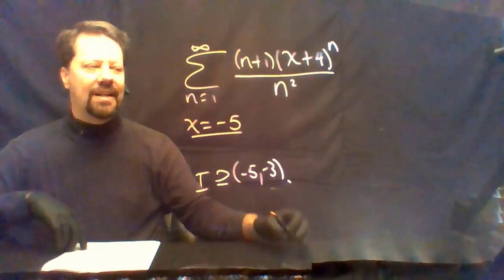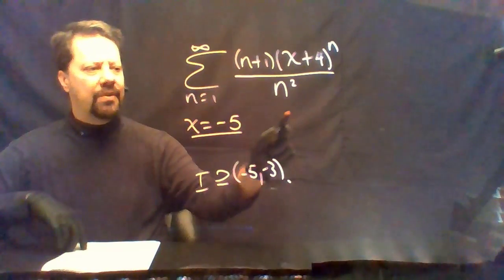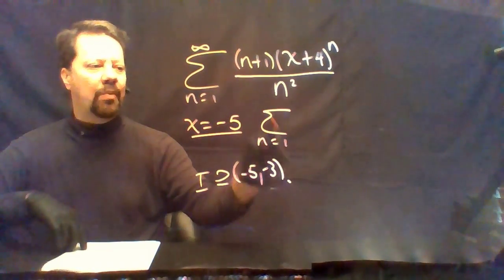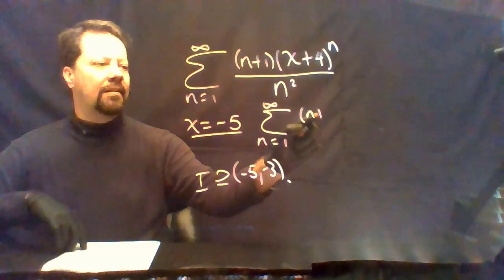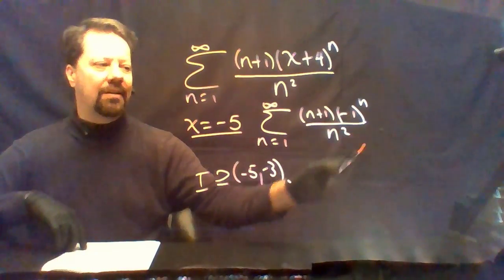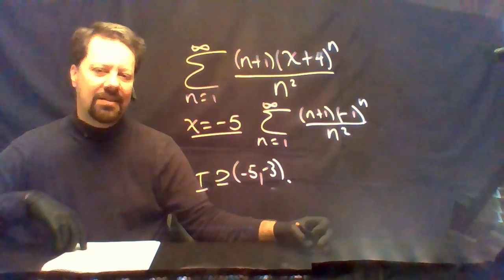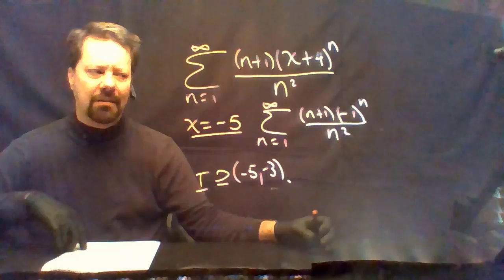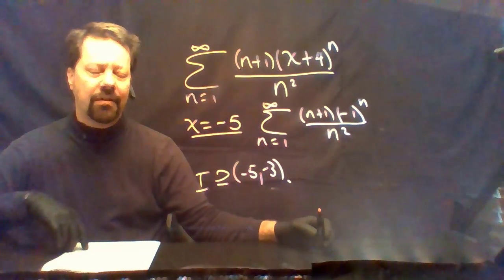At x equals -5, you see that we have the sum as n goes from 1 to infinity of n plus 1, -1 to the n, divided by n squared. This series behaves a lot like the alternating harmonic series. It should converge.